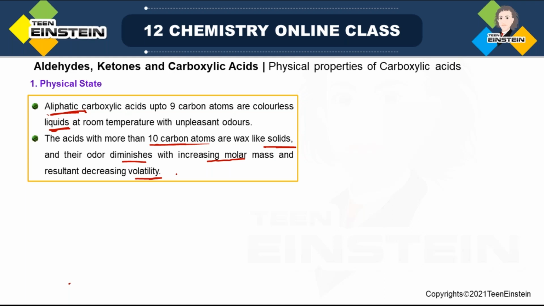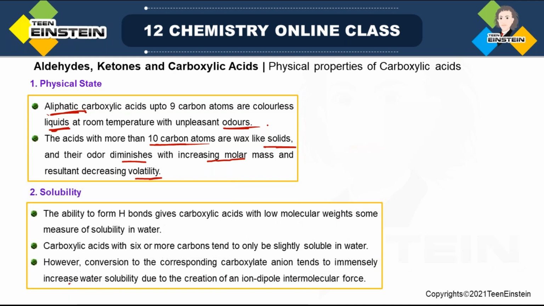That is why we can have their odor, but as it now changes to wax like solid, volatility decreases, and decreasing volatility means odor will also decrease. Odor diminishes.